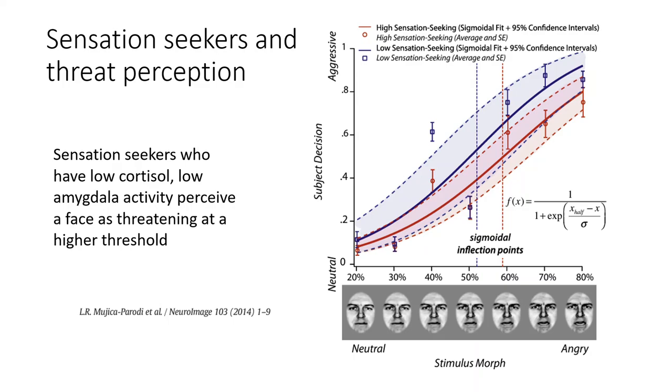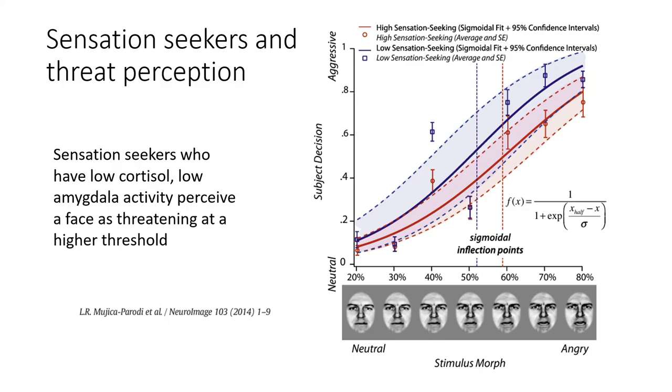They put them in a scanner and said, when do you see the face as angry? Well, if you look there at 50%, you notice that the line intersects lower on the y-axis, so they're more quickly to say, yes, it is aggressive.